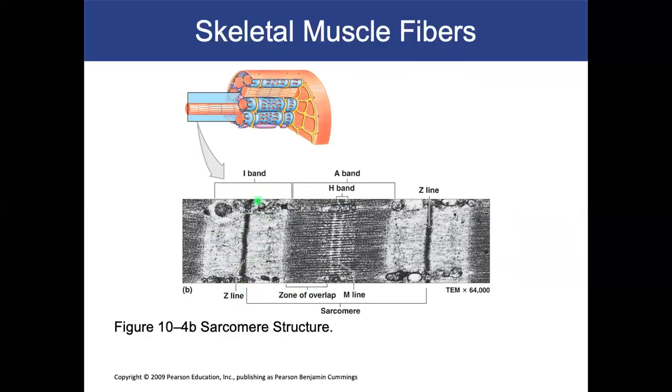The light is the actin because it's a thin molecular protein, and so it doesn't absorb a lot of light, so light goes through it, so it looks lighter. And then the A band is where there's myosin, and myosin is considered to be the thicker filament, and so it absorbs more light. And so you see this repeating pattern of light and dark and light and dark, and that is what we see as striations under the microscope.